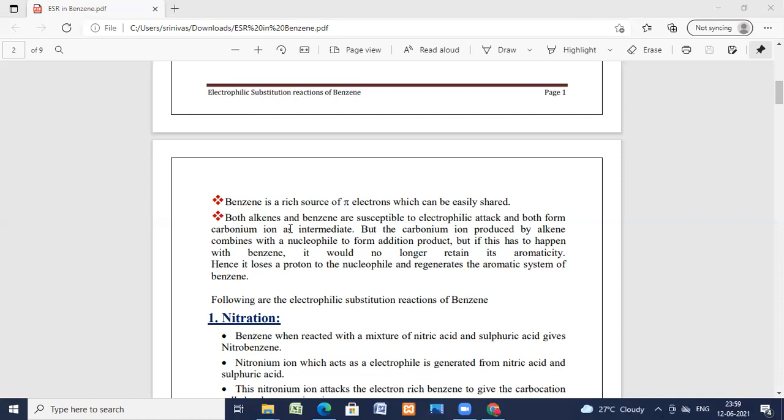Similarly, benzene can form a triozonoid structure. Benzene can be catalytically hydrogenated to cyclohexane. All the above reactions indicate that benzene has 3 double bonds. In this way, different structures for benzene were given.